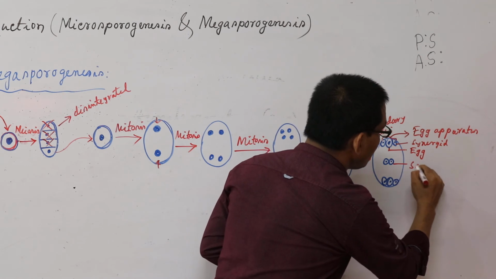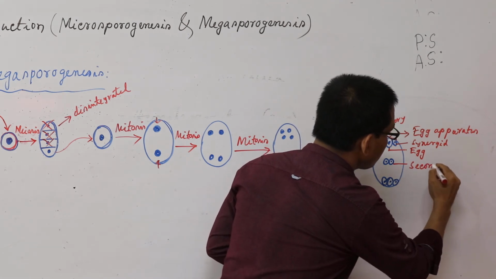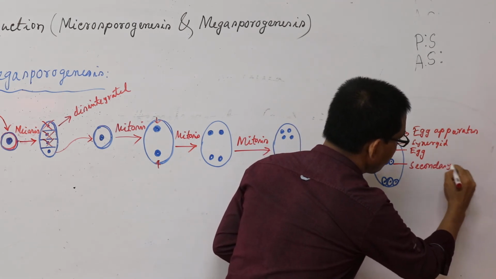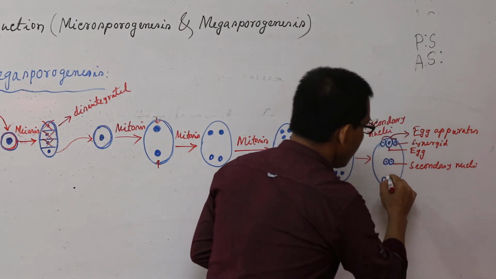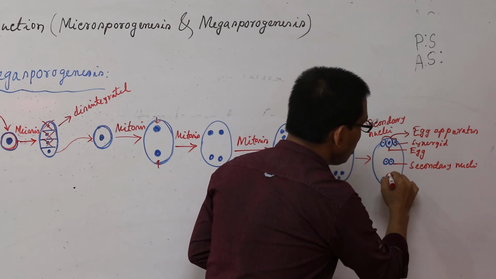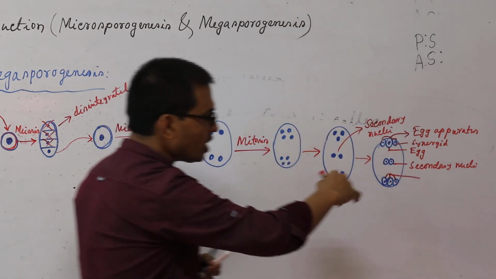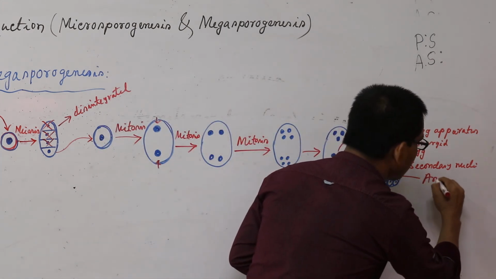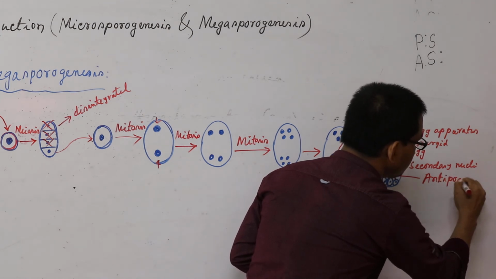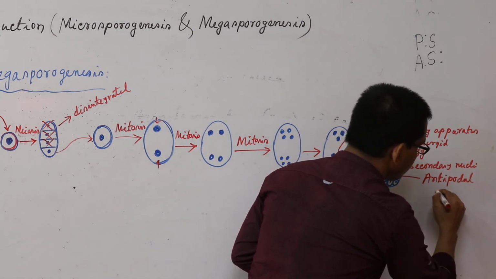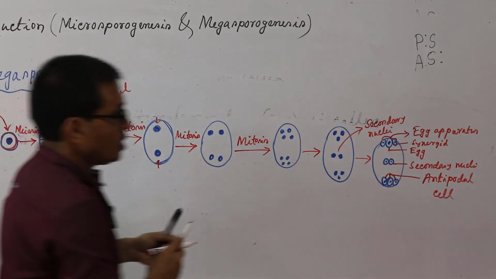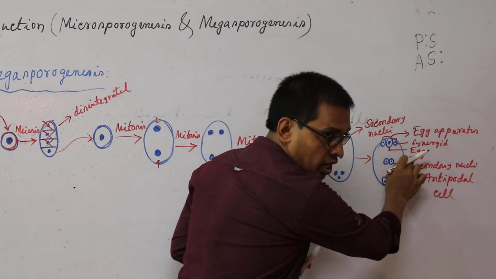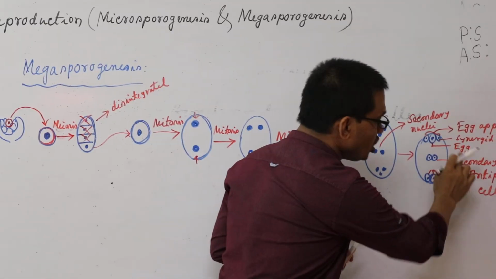It is secondary nucleus. And these 3 cells opposite to the egg apparatus are known as antipodal cells. Dear students, by this way egg is formed.